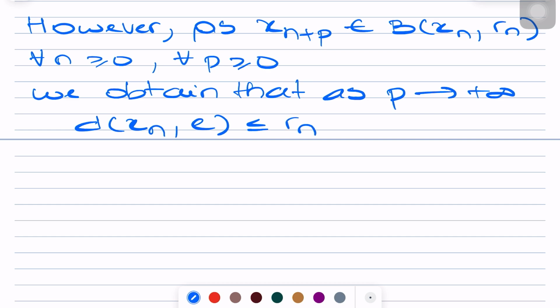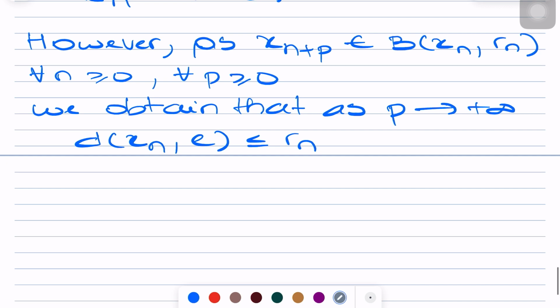Well, that was quite fast. Because from this you have that the distance from xn plus p to xn is less than rn. So if you take the limit as p goes to plus infinity, then the distance from xn to L is less or equal than rn.